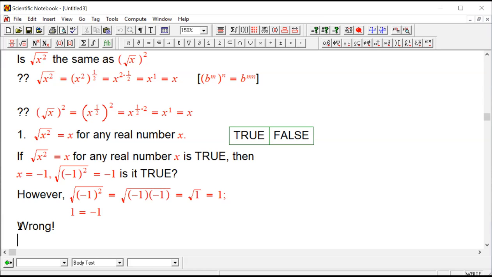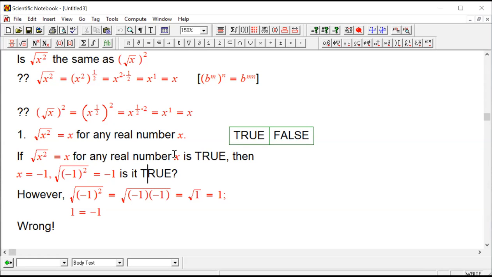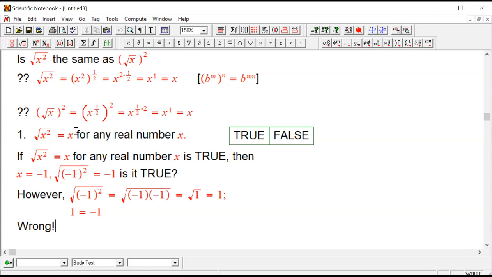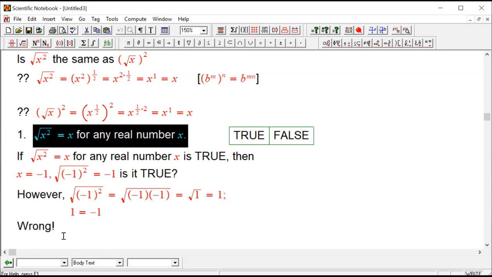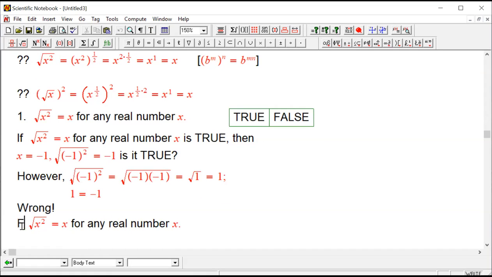Therefore, this assumption, that this is true, is not true. So this statement is false, because we have a counterexample. Therefore, this statement is false.